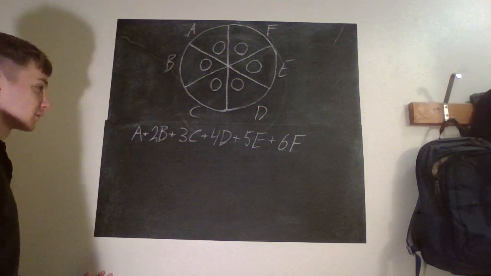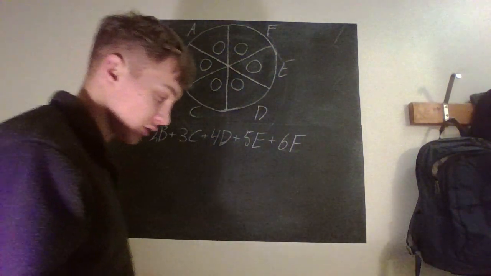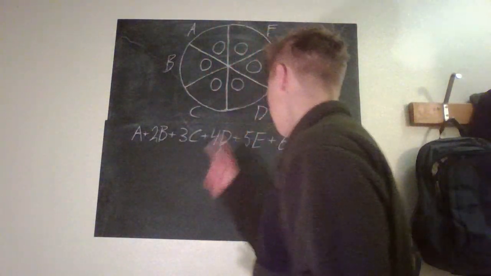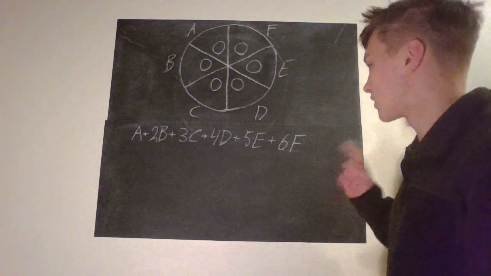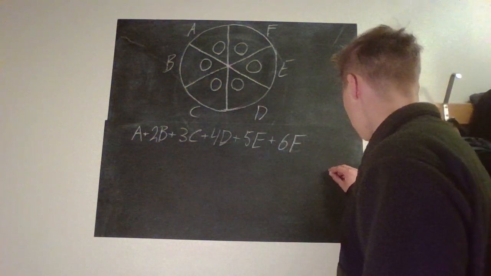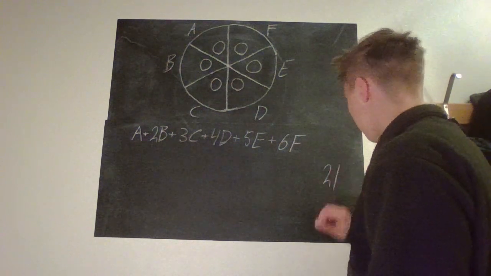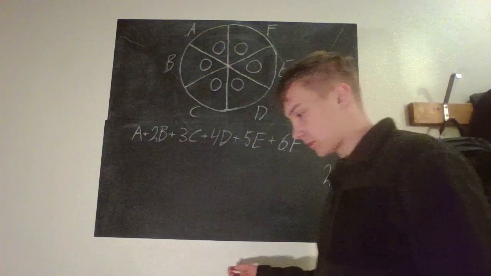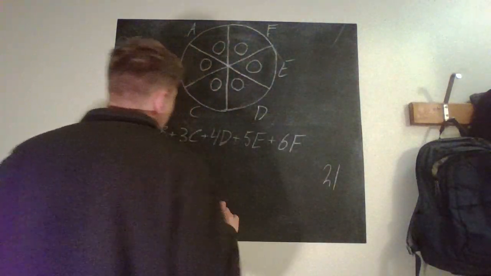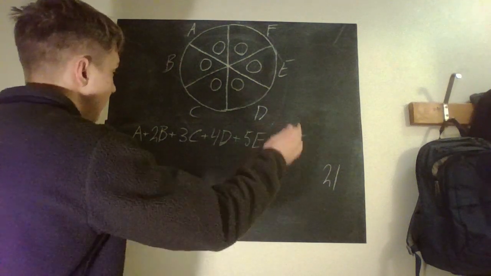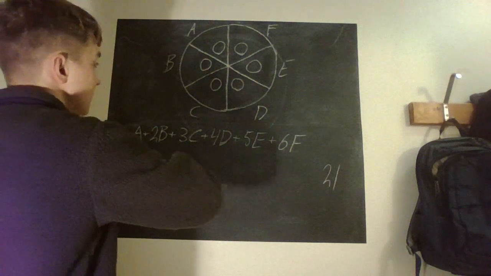Firstly, let's check what we have in the beginning. Everything is equal to 1, so it's just the sum from 1 up to 6, which is 21. So 21 is our starting point. And what do we want to get to? We want there to be 6 in one of them and 0 in the rest.